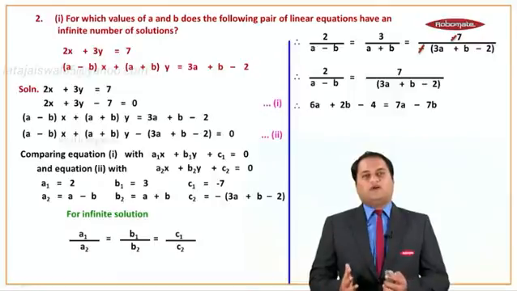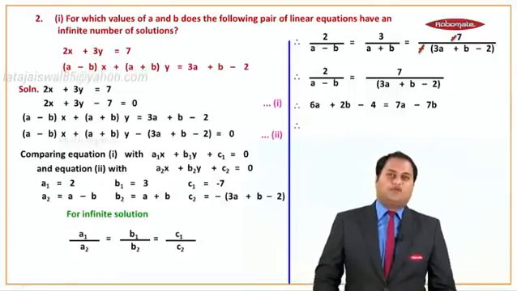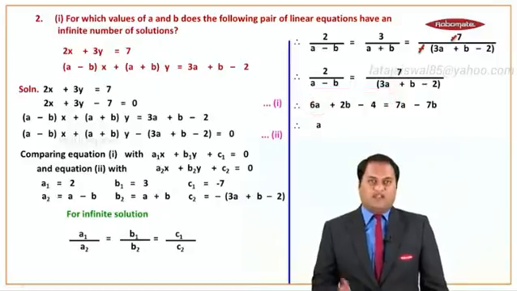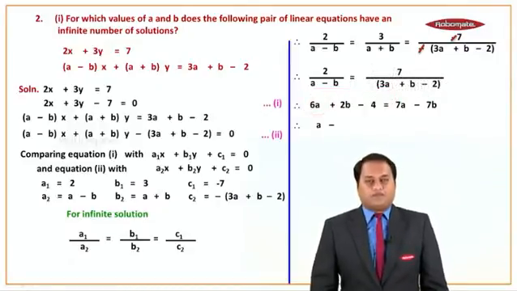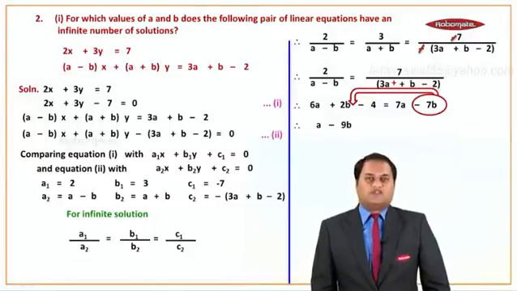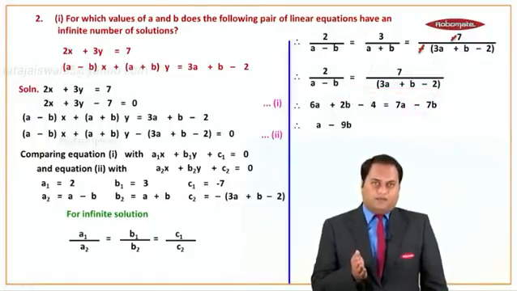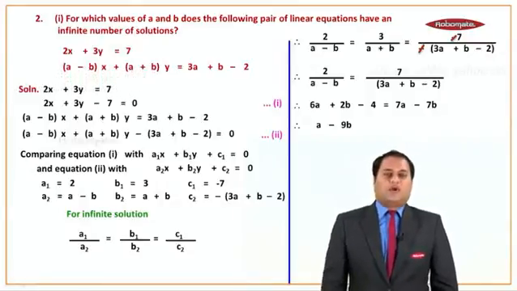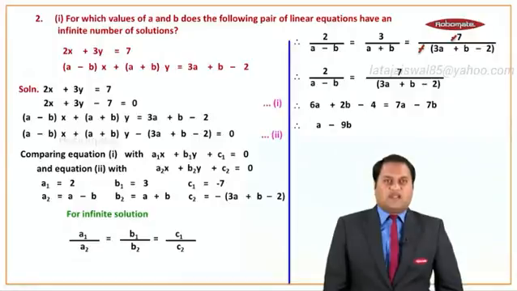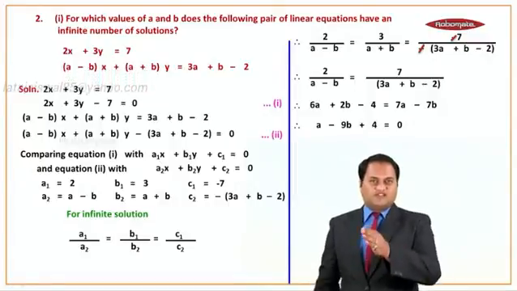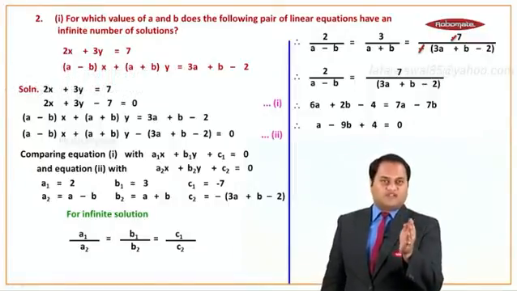Now bring all the like terms together. A together, b together. We get 6a and 7a together, that's 7a minus 6a, which is a.